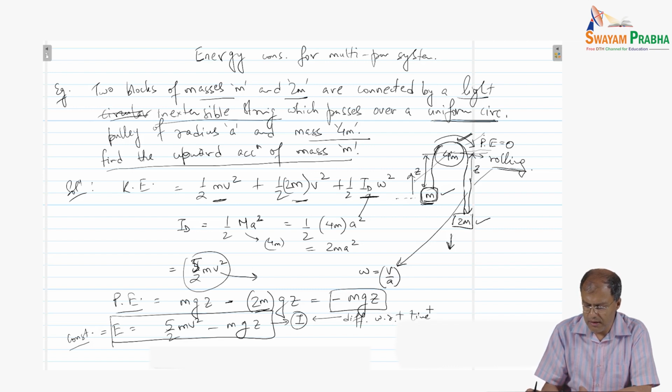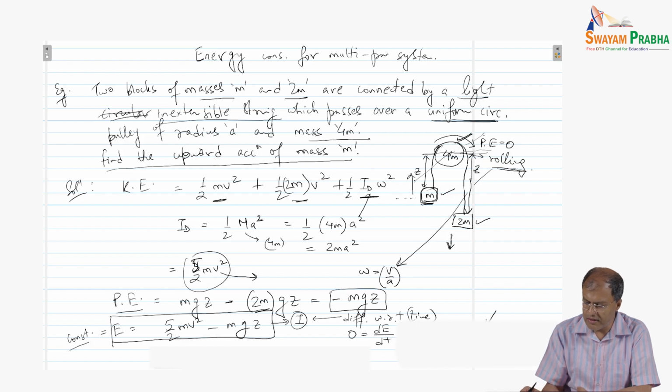We see that dE/dt, E being constant, is 0 on one hand, and on the other hand it's going to be 5mv dv/dt minus mg dz/dt, right?